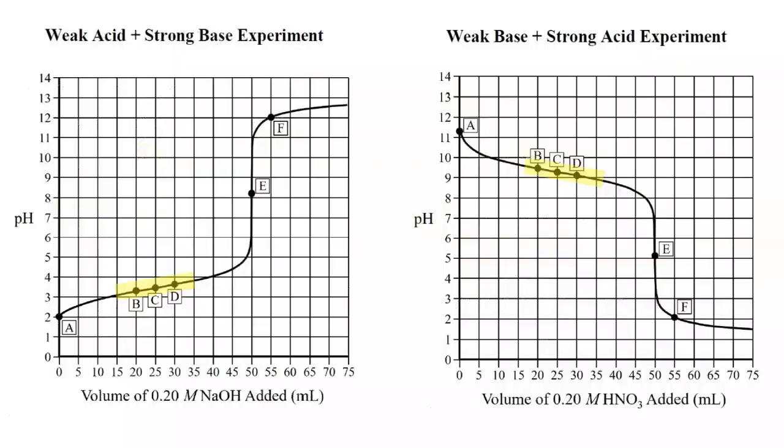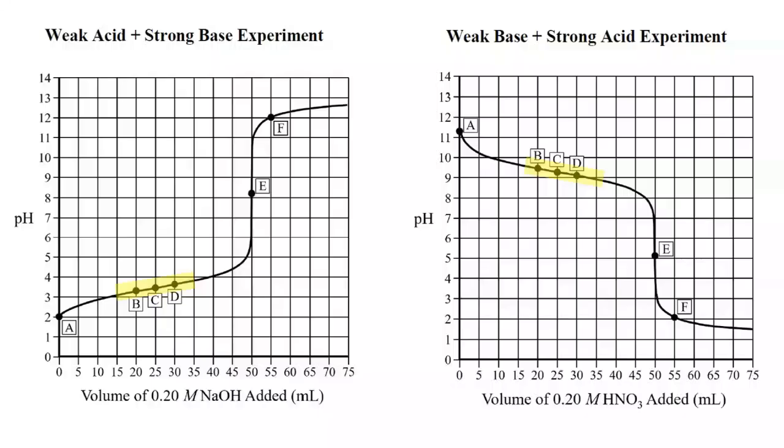I would also like to mention that this concept of how a buffer solution works is very closely related to certain types of acid-base titrations. So on the left, you see a titration curve for a weak acid titrated with a strong base, and on the right, you see an example of a titration curve where a weak base is being titrated with a strong acid.